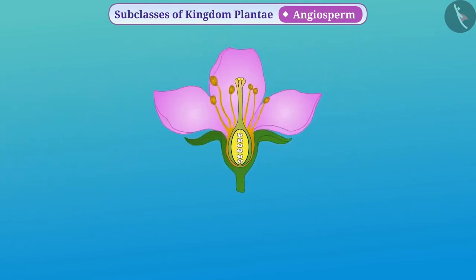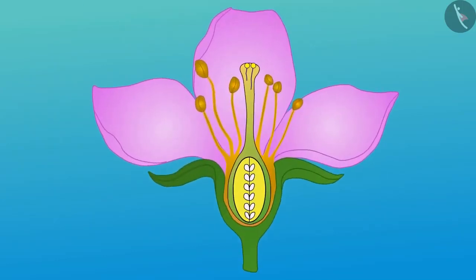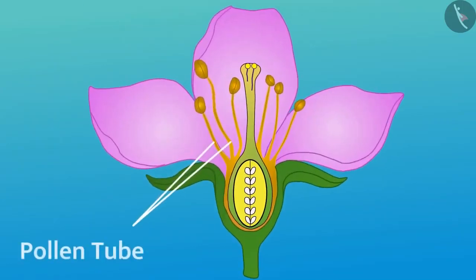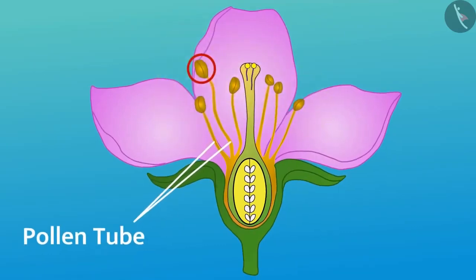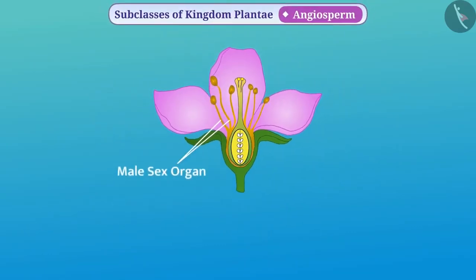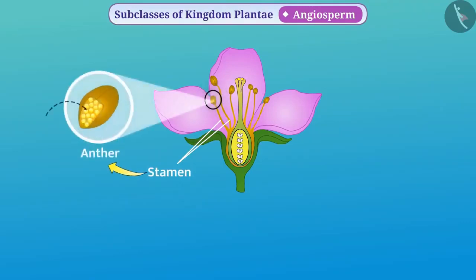If you look inside the circle of petals of the flower, you will find some thin tubes having inflated tops. These are the male sex organ of the plant called stamen. The stamen has two parts. The upper inflated part is called anther, in which the pollen grains are formed that have male gametes.